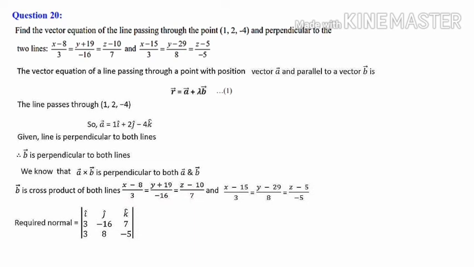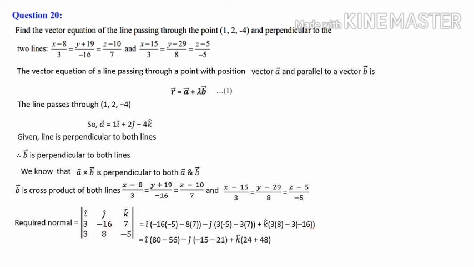So we have to take that as 3, minus 16, 7, and here a2 b2 c2, that is 3, 8, minus 5. When you do the calculation, i cap into that row and column is gone: minus 16 into minus 5 minus 7 into 8. Then minus j cap into that row and column is gone: 3 into minus 5 minus 3 into 7. Then k cap into that row and column is gone: 3 into 8 minus 3 into minus 16.